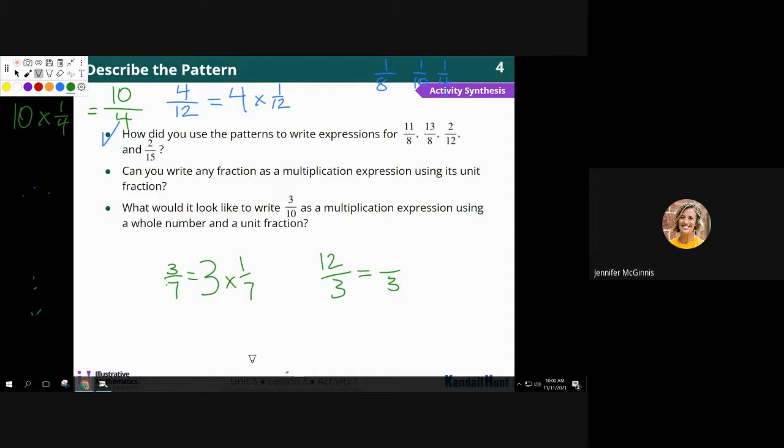What times what? What's your numerator going to be, Ethan? 1/3. How many groups of 1/3 do you need? We need 12 groups of 1/3.